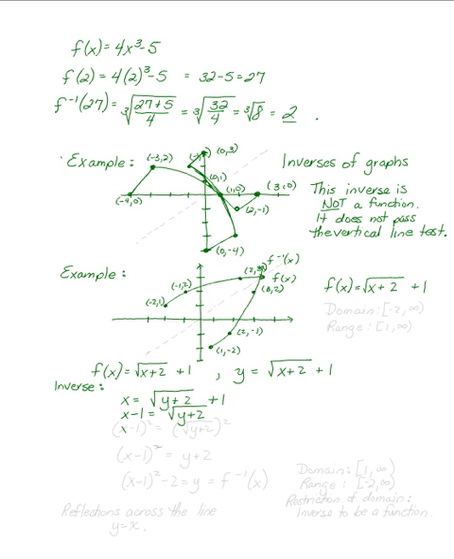So we'll get x minus 1 squared equal to the square root of y plus 2 squared. This is x minus 1 squared. If we square the square root, we just get y plus 2. And then finally, to solve for y, we're going to subtract 2 from both sides. So we'll get x minus 1 squared minus 2 equal to y, and this is our inverse function.